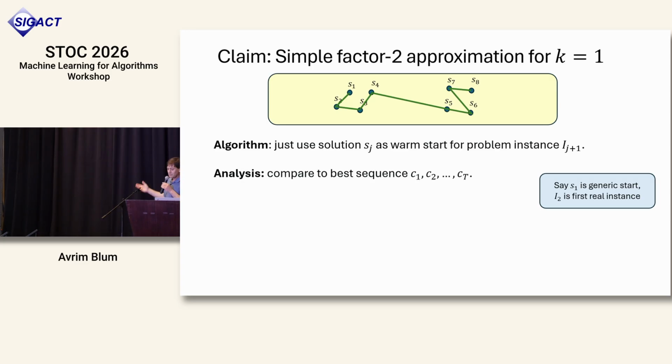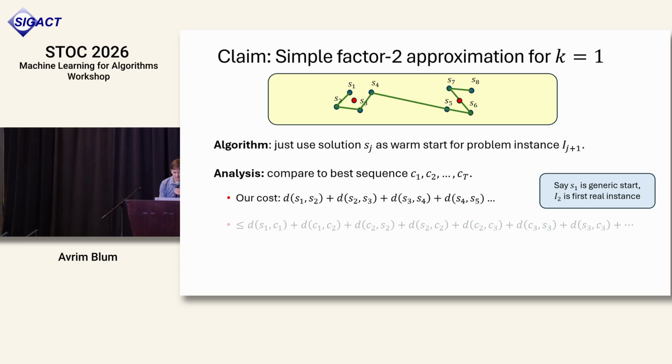In the analysis, we want to compare to the best sequence of starts. Maybe the best sequence uses the left red dot for a while and then moves it to the right red dot. Our cost is the distance between all the solutions directly. That's at most the comparator's cost, because from S1 to S2, we could first go to C1, then from C1 move it to C2, then to S2, and then from S2 to C2, then to C3, and then to S3, and so forth.